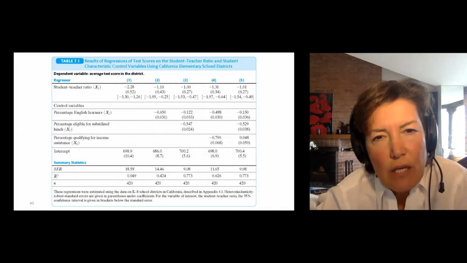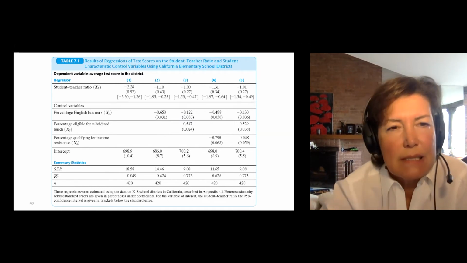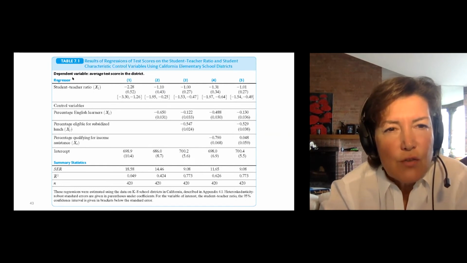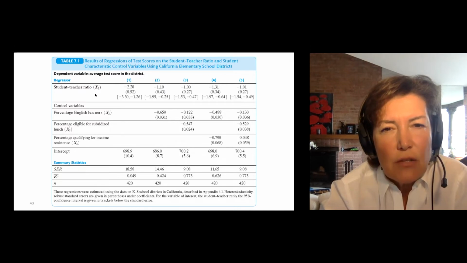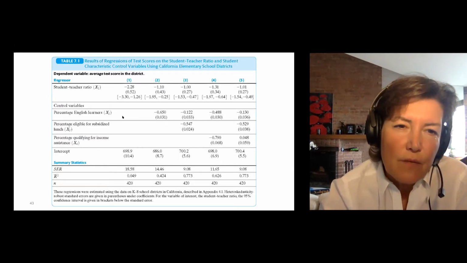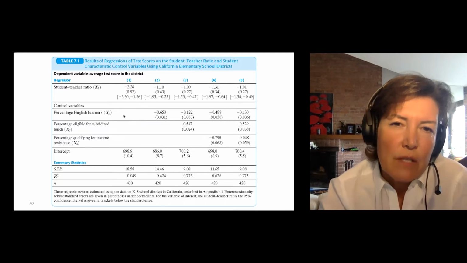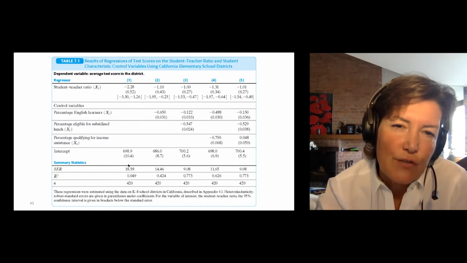And finally, I want to share with you some possibilities that explain student-teacher ratio. What you see on this table is 5 different regressions. If, for example, percent English learner is empty here, it means that variable did not take place in the first regression.